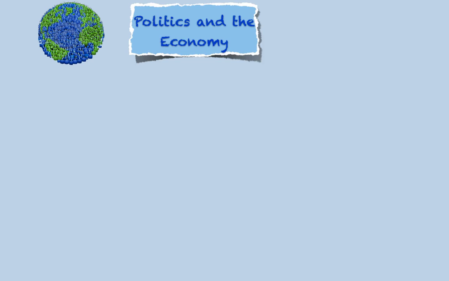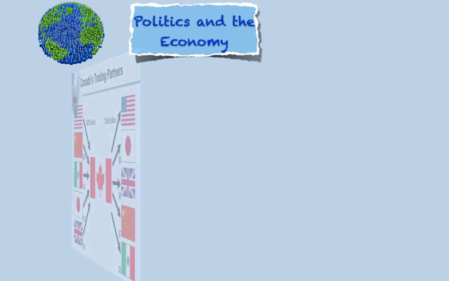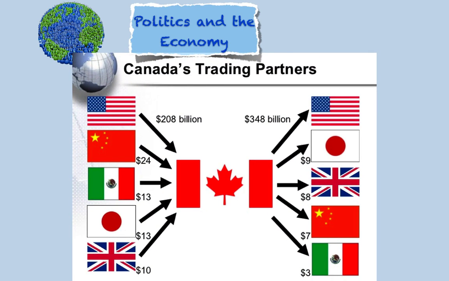All right, let's touch base now on politics and the economy. Clement and Drache outline issues that Canadian sociologists and economists have addressed using the political economy perspective: implications of external relations for internal development, colonial ties to France, the United Kingdom, and dependence on the U.S. You're looking at the trading dollars and billions of dollars and who Canada trades with.